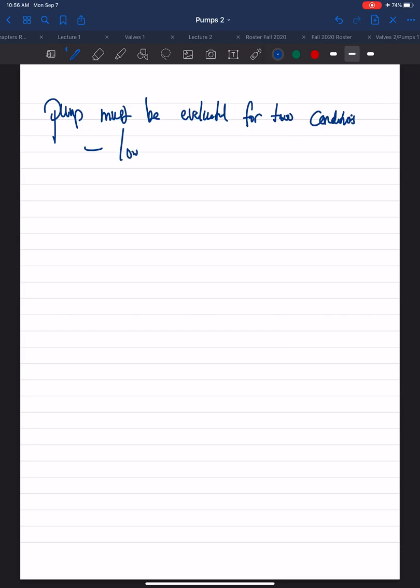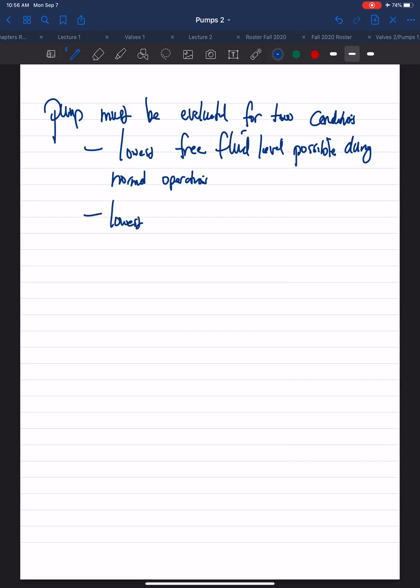These are the lowest free fluid level possible during normal operations and the lowest pressure applied to the fluid. In addition to understanding the frictional losses in the piping, velocity head, things of that nature.